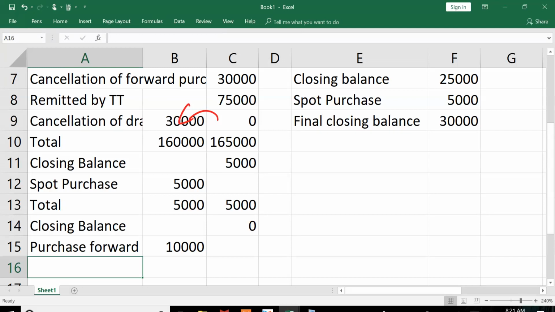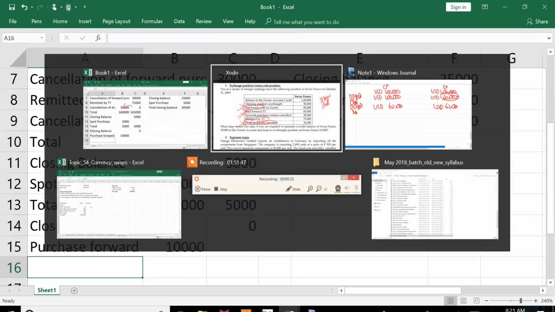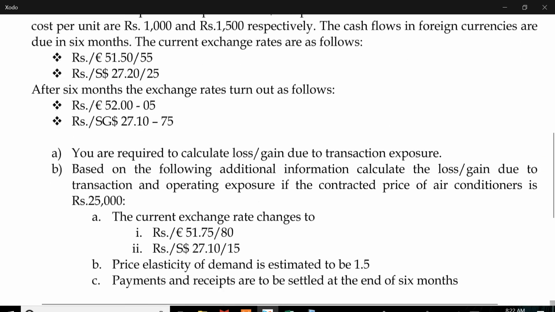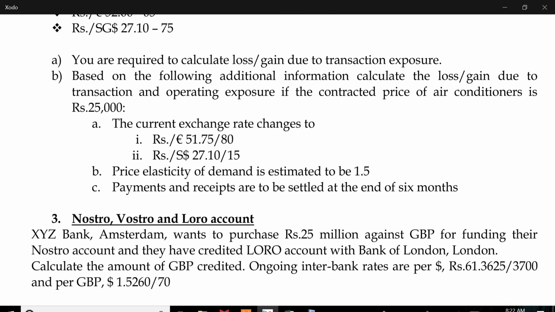Next point. The company, or the bank, wanted to maintain a cash balance of 30,000 Swiss franc. Therefore they need to go ahead with the spot purchase of 5,000 Swiss franc.